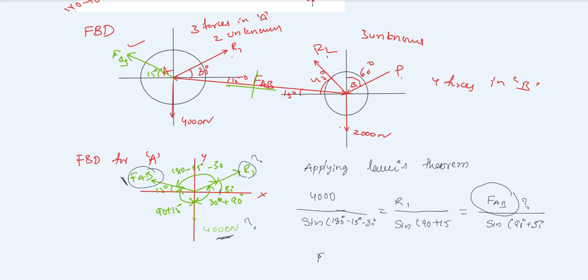So I want FAB. FAB is equal to 4000 divided by sine of 180 minus 15 minus 30, into sine of 90 plus 30.